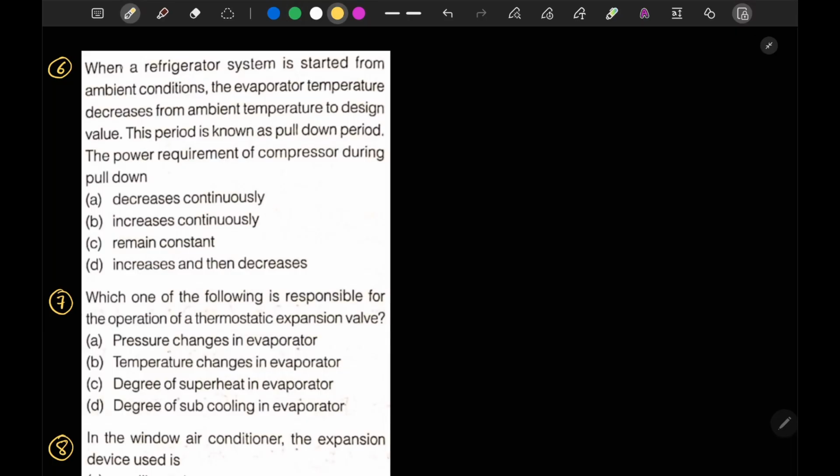If you talk about the starting condition for your refrigerator, if I draw here power input versus pressure of the evaporator, initially the pressure and temperature are equivalent to atmospheric.